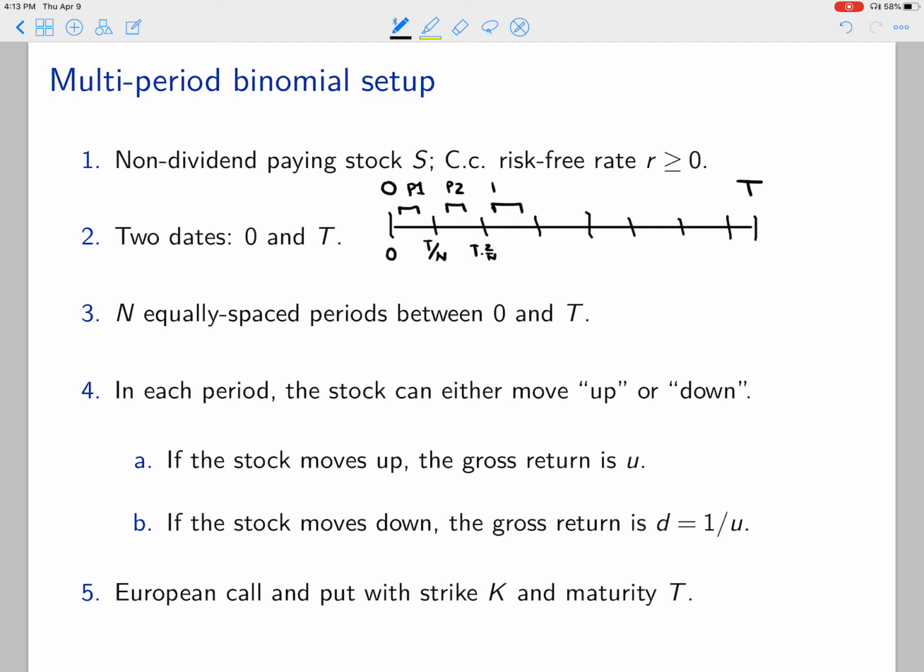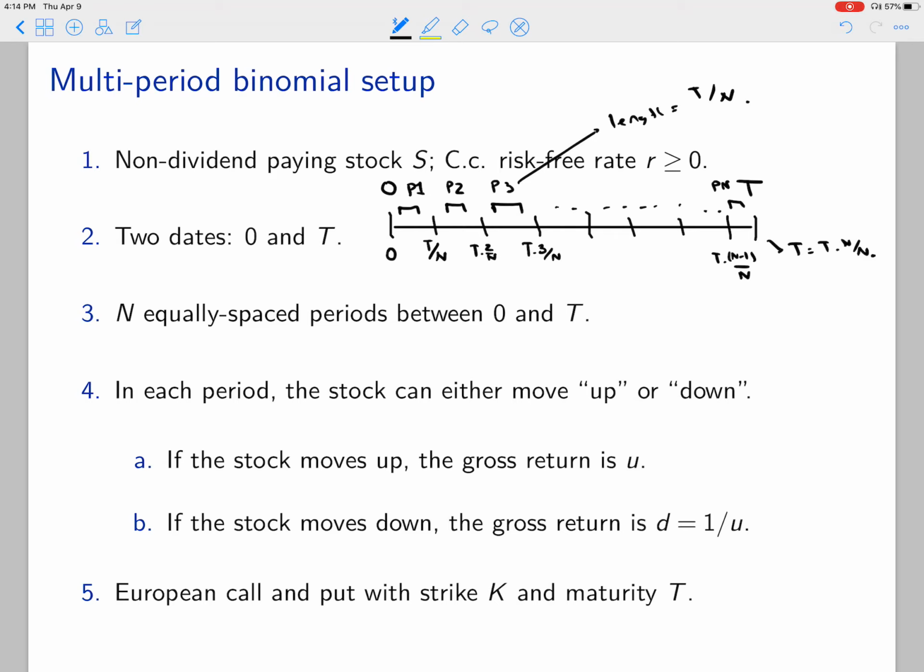The third period will be comprised of dates T times 2 over n to dates T times 3 over n, and so forth, all the way until we get to the final period, period n, which will be comprised of dates T times (n minus 1) over n to date T, equal to T times n over n. The length of each period is the same. It's all equally spaced out. So the length of each period is equal to T over n.